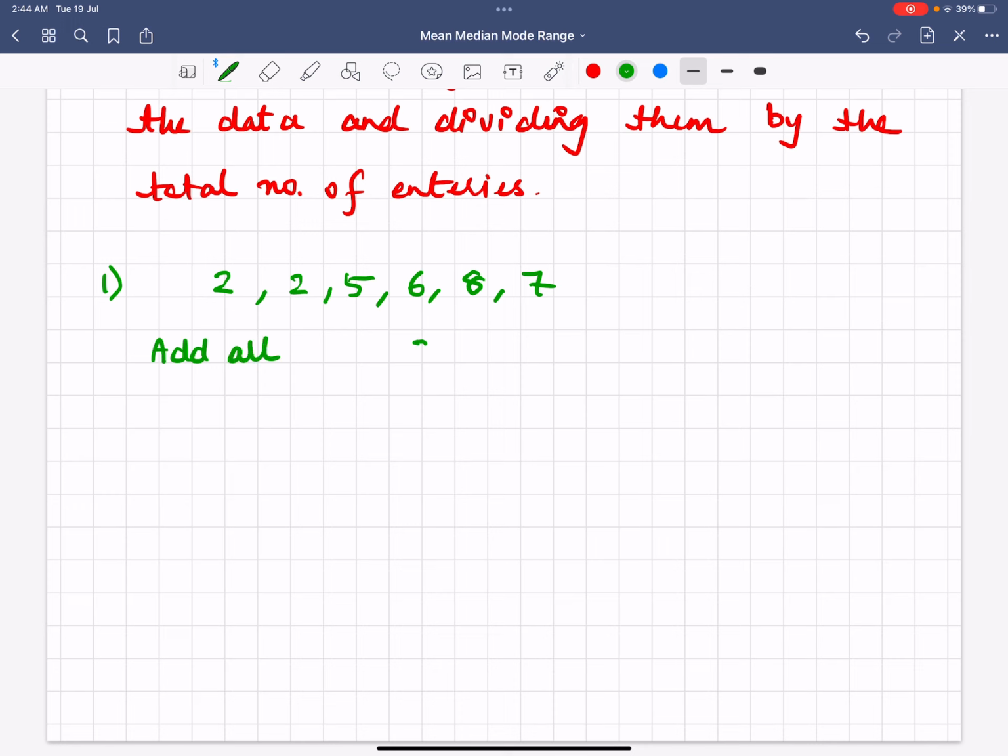When we add all, we have 2 plus 2 plus 5 plus 6 plus 8 plus 7, which gives us the total 30. Now how many numbers are there? We have 1, 2, 3, 4, 5, 6 numbers. So we divide 30 by 6 and 5 is the answer. Therefore, the mean is equal to 5.